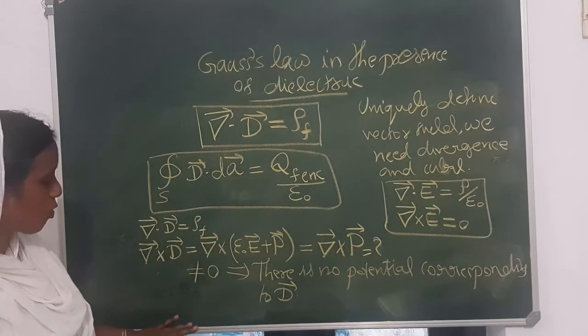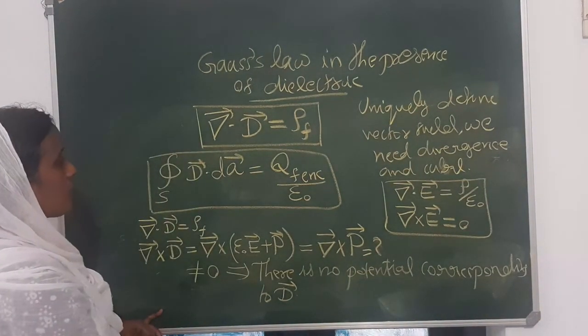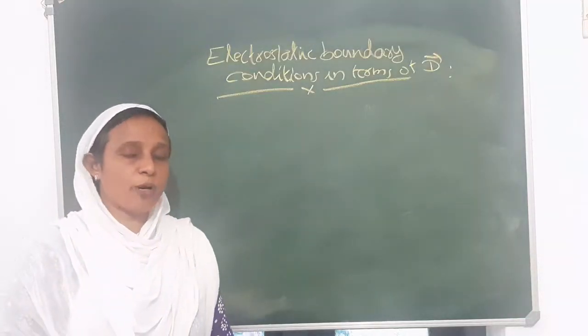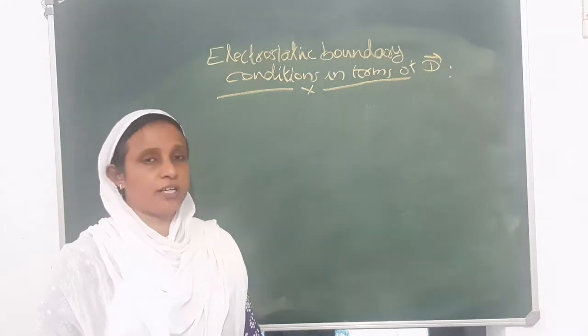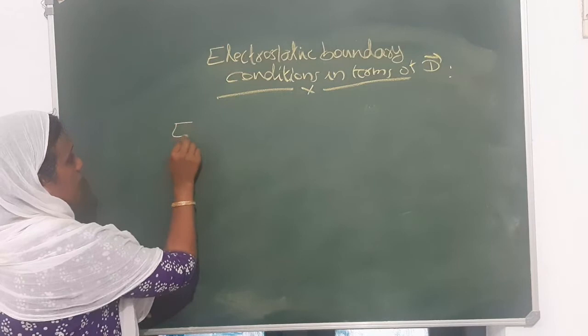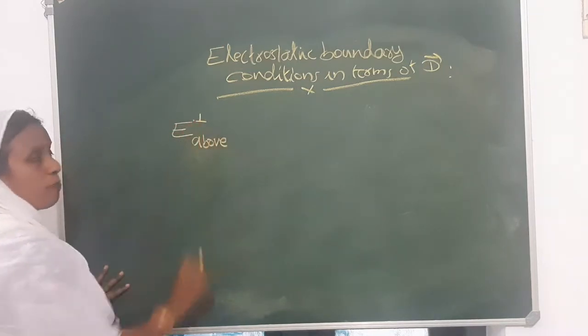Okay, now we can think about the boundary conditions on the electric displacement vector. The electrostatic boundary conditions of the electric field were already studied in our previous class.